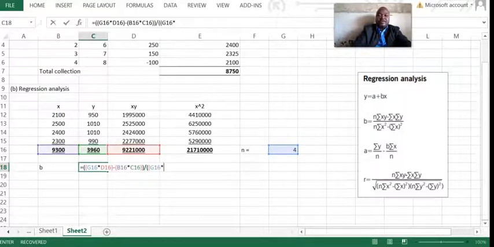All right. Summation of x squared, which is this one. All right. Close your bracket, minus summation of x squared. Okay, all right, this is the summation of x, squared. We are squaring this one now.